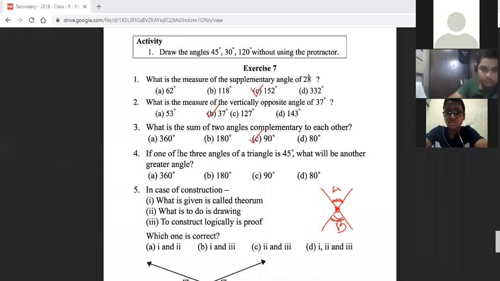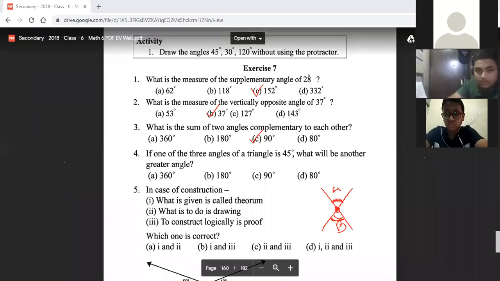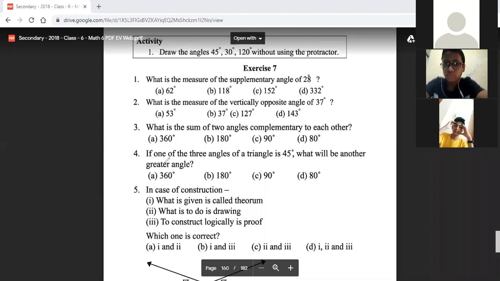So if one angle is 45, then what will be the other greater angle? Think about the answer. I will solve it, but at first I want to know it from you. Sir, 90 degrees.